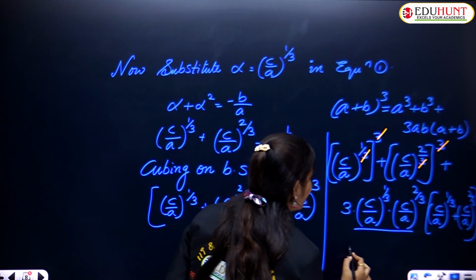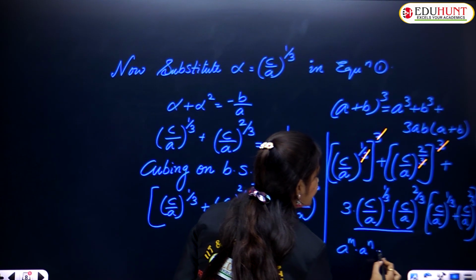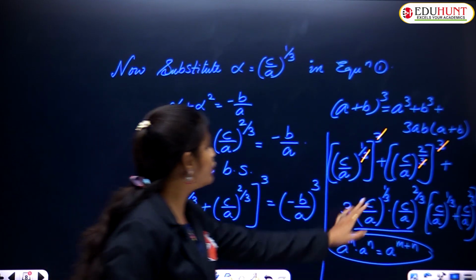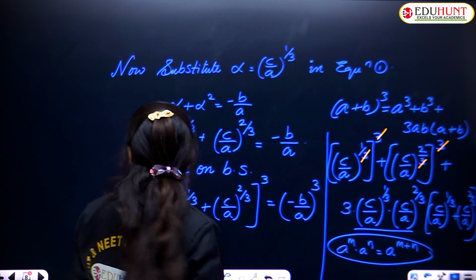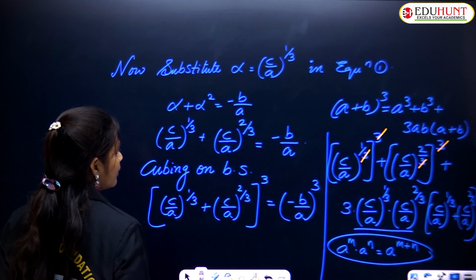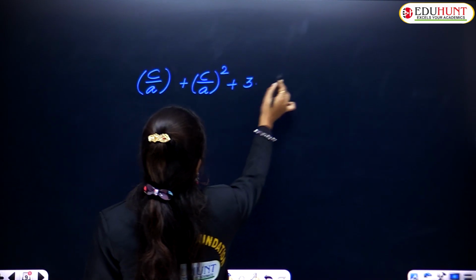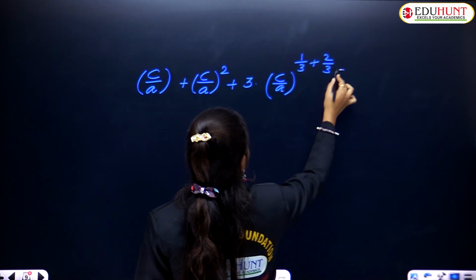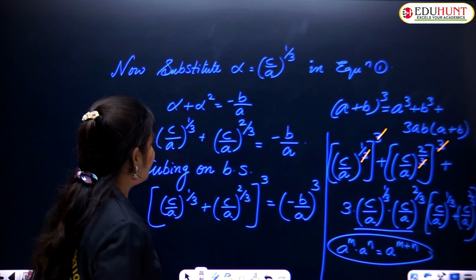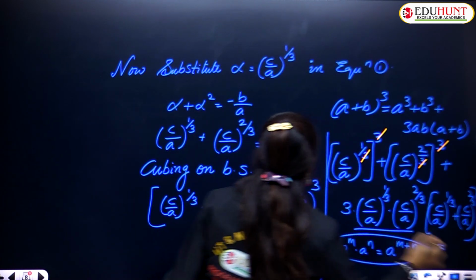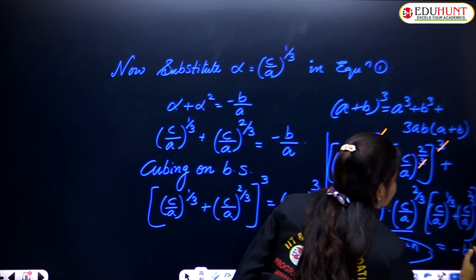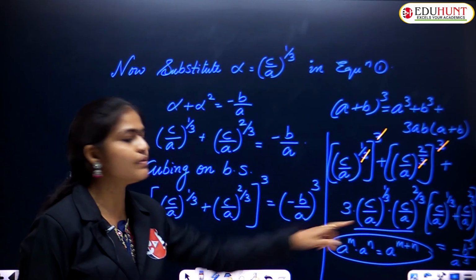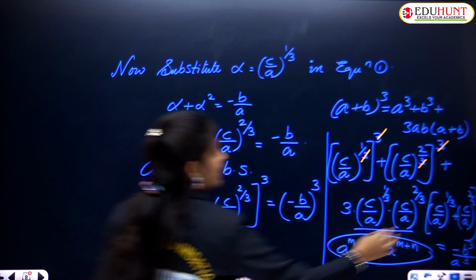These two are in the form a power m into a power n is equal to a power m plus n, the formula for exponents. So use that formula here: plus 3 into c by a whole power 1 by 3 plus 2 by 3, into a plus b. And on the right-hand side, we have to write minus b cube by a cube, because the RHS is also there.